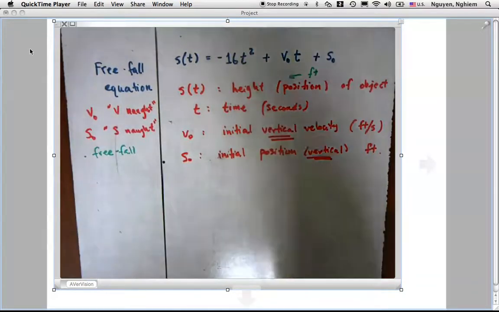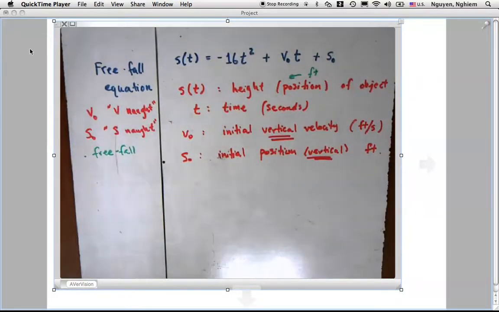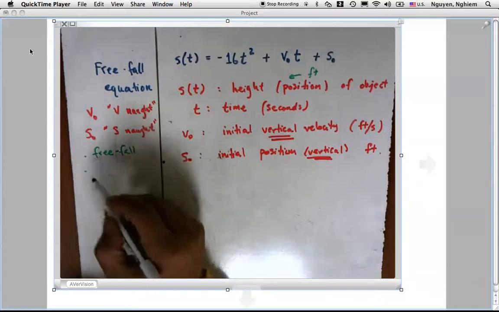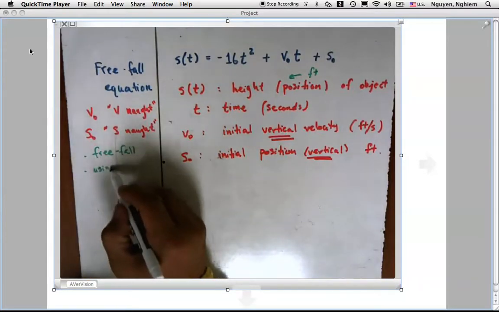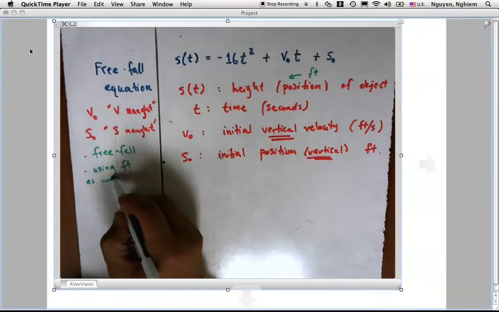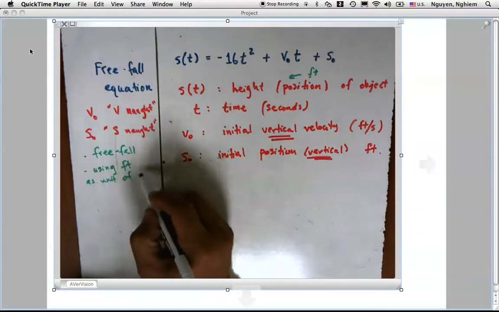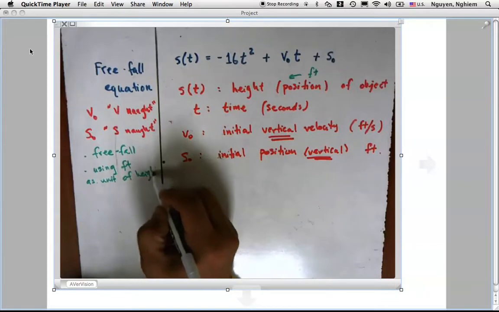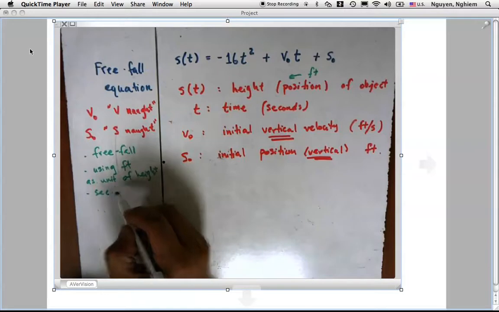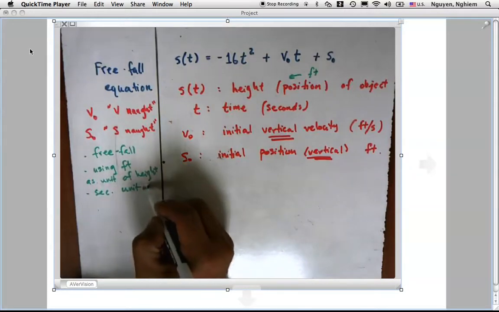Once you hit it, it's floating through the air, and there's no more force added onto it besides the force of gravity. And this works when we are using feet as units of height, and seconds as the unit of time.